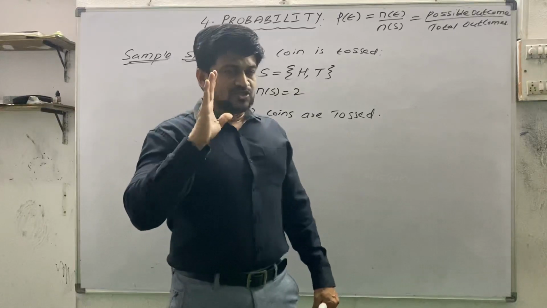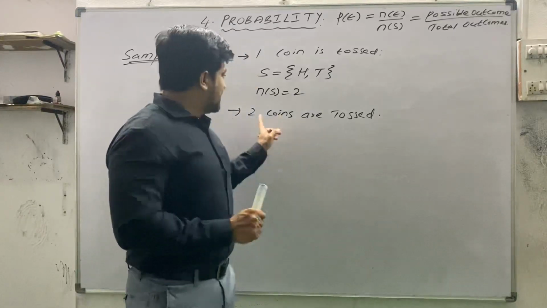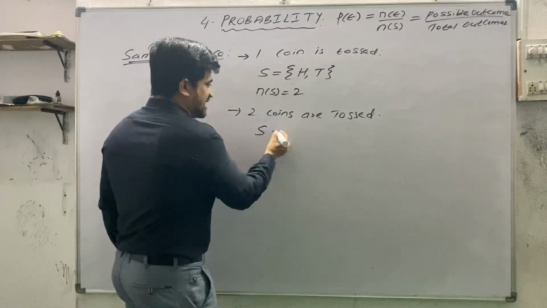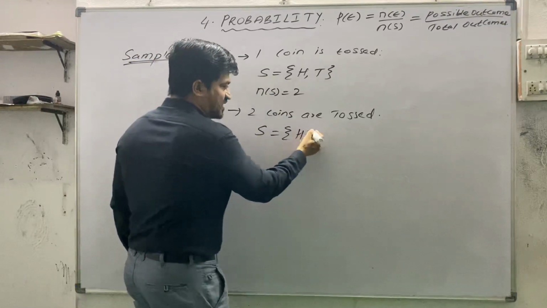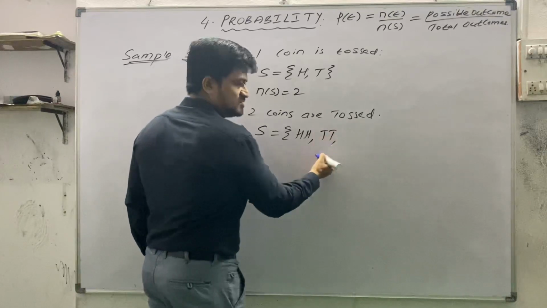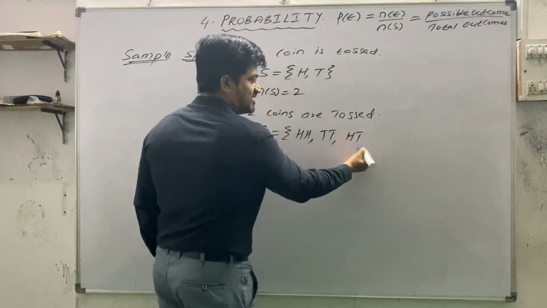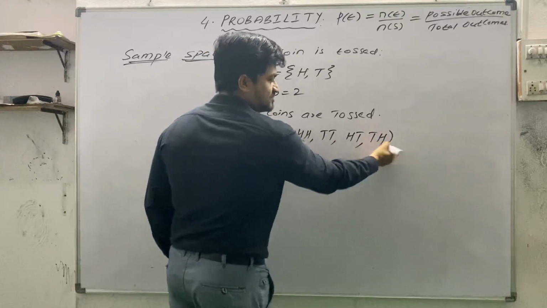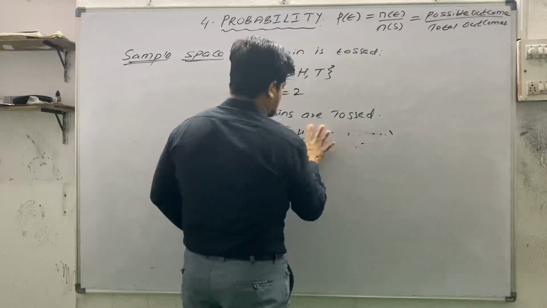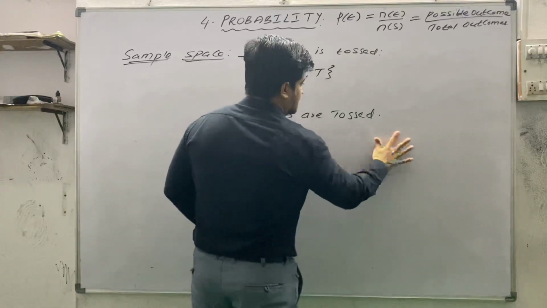You just need to understand, when 2 coins are tossed, what is the sample space? The sample space will be either 2 heads, or 2 tails, or 1 head 1 tail, or 1 tail 1 head. You can write it in one standard form.